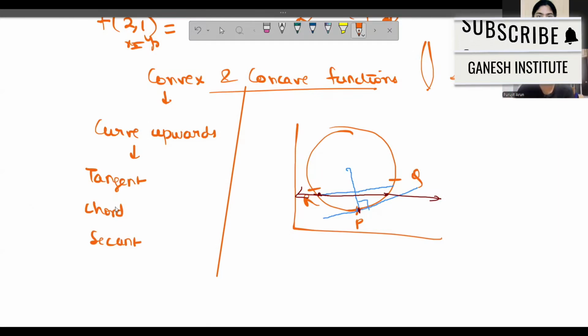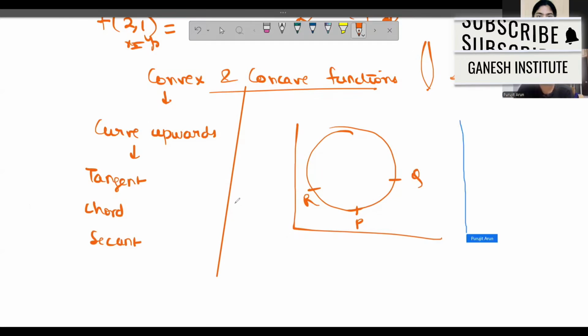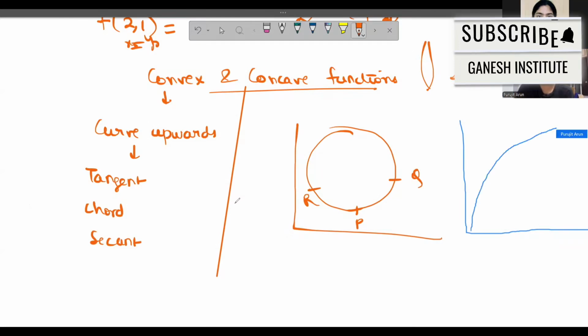So when I was learning differentiation, if this is a curve, and I draw a point of tangency here, and this is one more point.